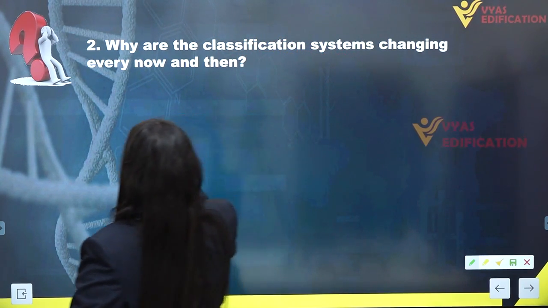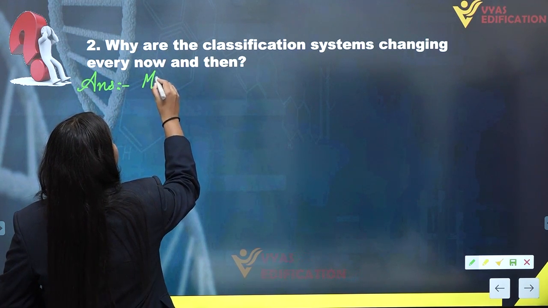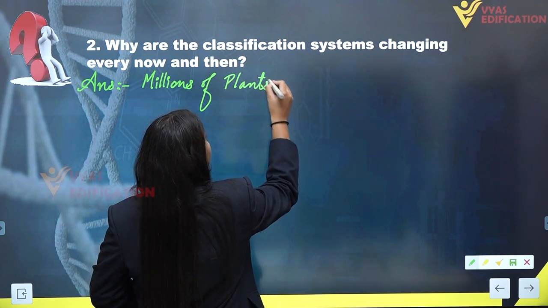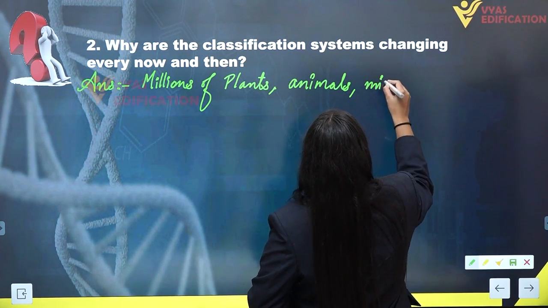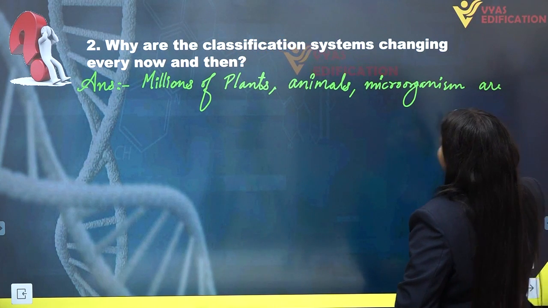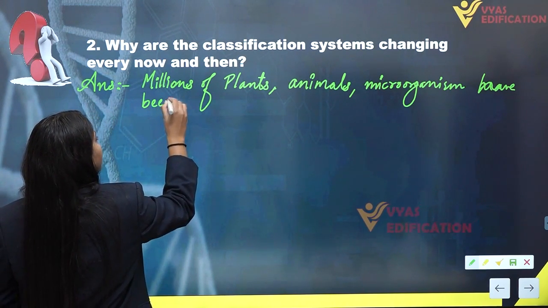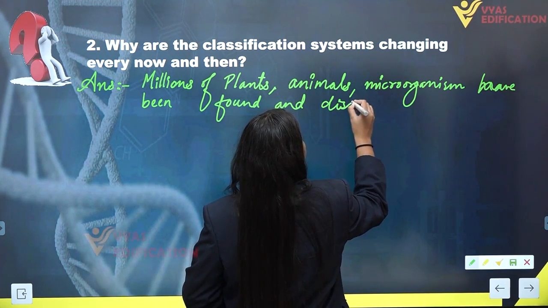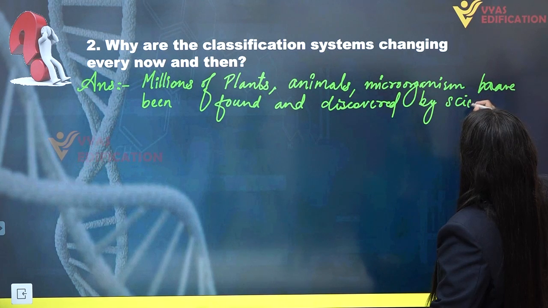So, for the answer of this question, we have to write that millions of plants, animals and microorganisms have been found and already discovered by scientists.